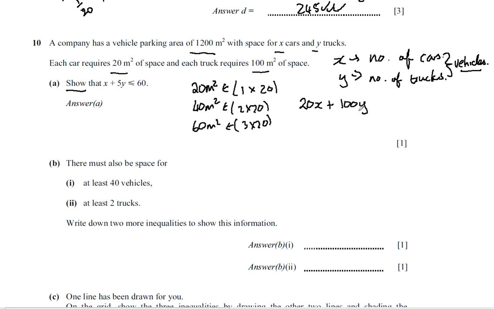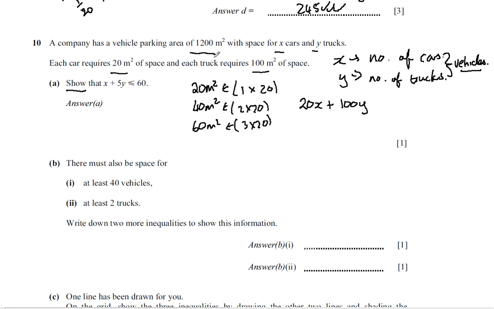I hope that makes a little bit of sense. So this is the area that the cars and trucks both take up. Where X and Y can change, the number of cars and number of trucks could change. So, for example, if you had 2 cars and 3 trucks, you just substitute 2 into X, 3 into Y, and that'll give you how much space the trucks and cars take up.